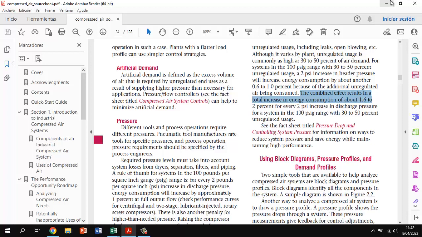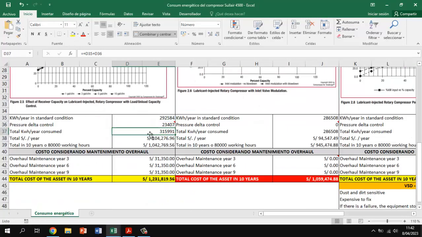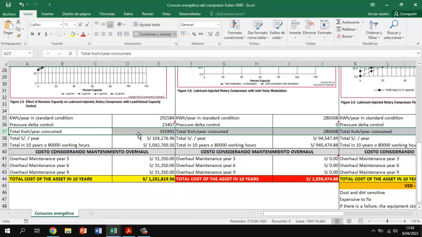I'm using the lower number, so that's the reason why I put 5 times 0.0, or 16%. Then we have a new total kilowatt per year. This is just for load and unload, and that's our real consumption for the year. Well, it's not energy, it's just your consumption.